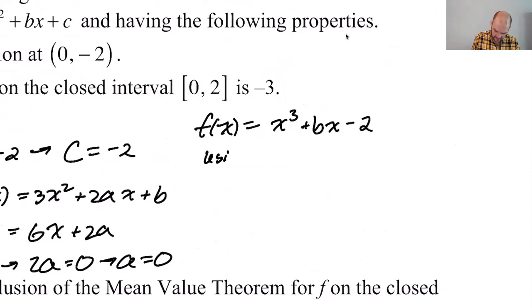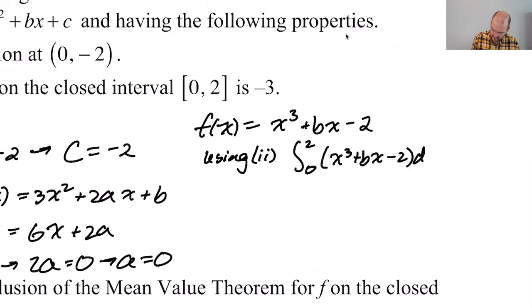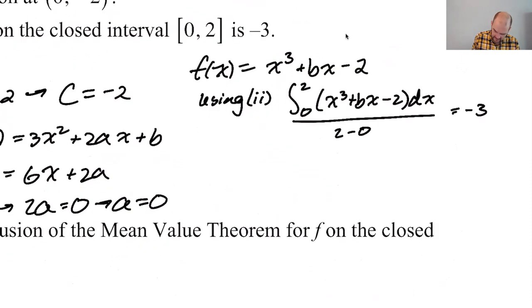So we'll be using 2. The integral from 0 to 2 of x cubed plus bx minus 2, over 2 minus 0, equals -3. So that's 1/4 x to the 4th plus 1/2 bx squared minus 2x from 0 to 2 equals -6.